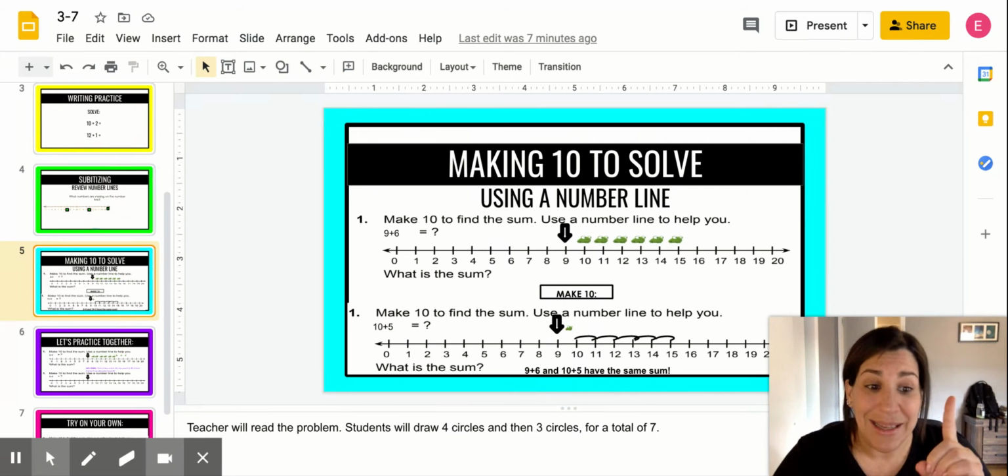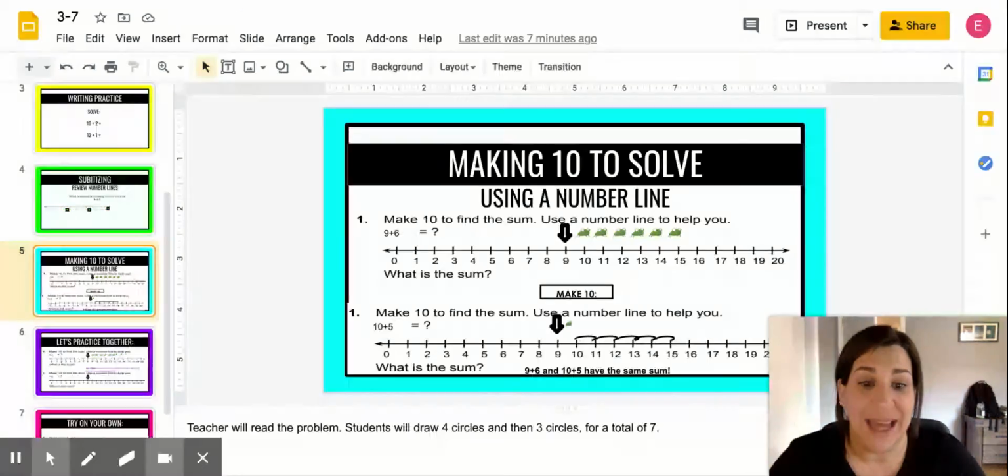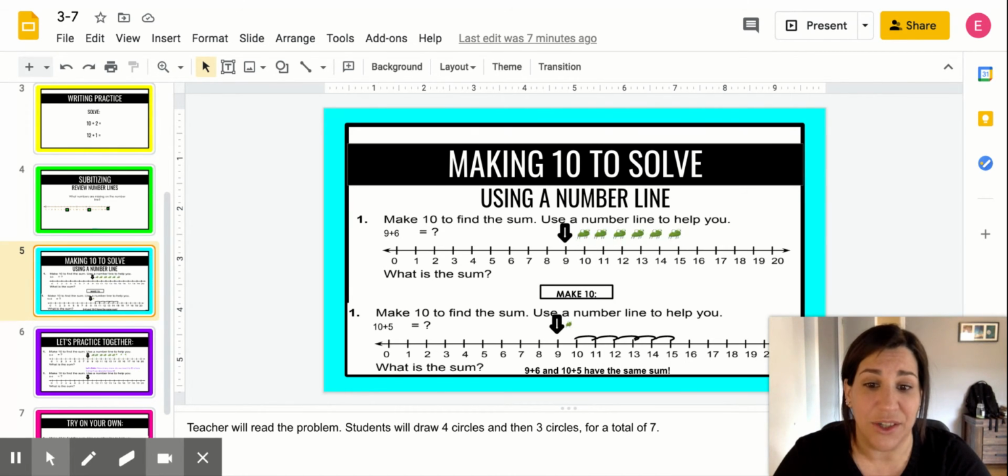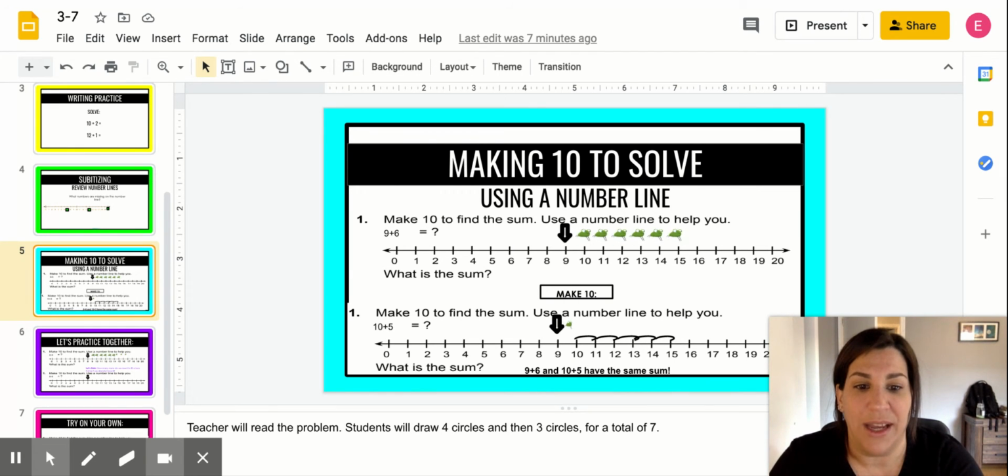So that is one way that we can use our number line to solve the problem. Okay, but what we're learning today is that sometimes you can make a 10, okay, and that makes it easier to solve. Okay, so the same problem of 9 plus 6, if we start at the 9 and just jump 1 to get to our 10, 1 less than 6 is 5. So we only have 5 spaces left to go.